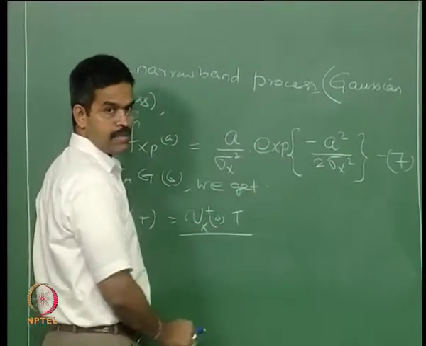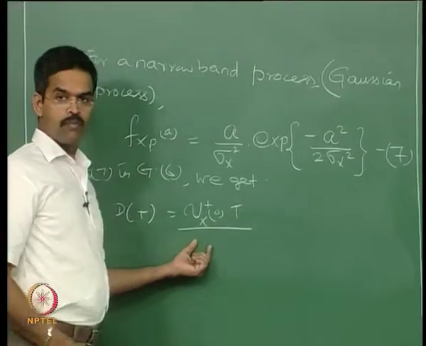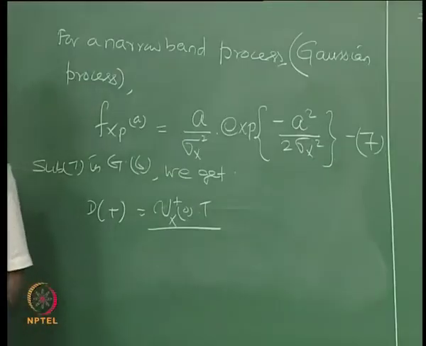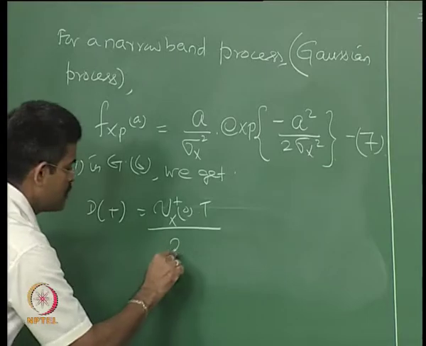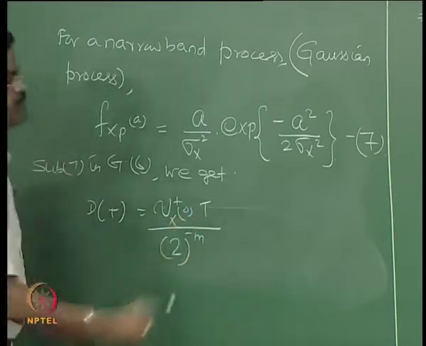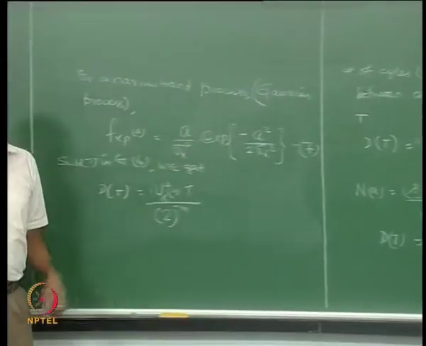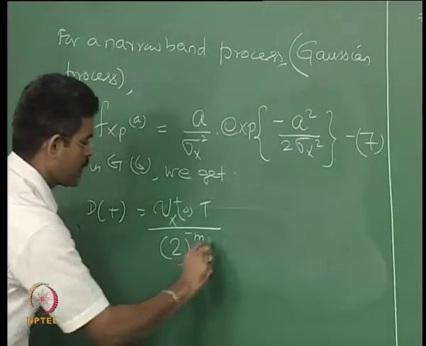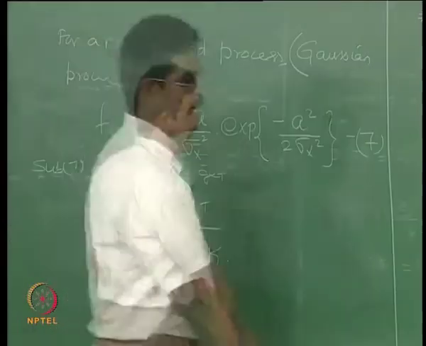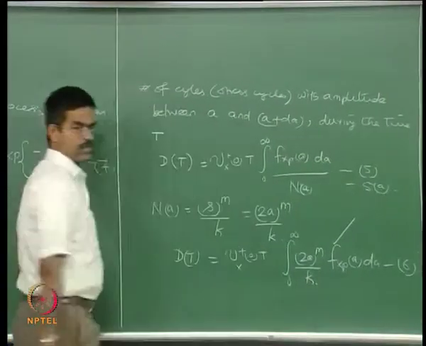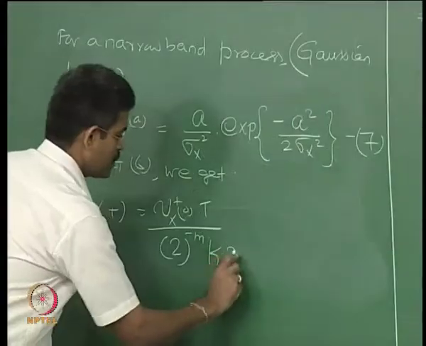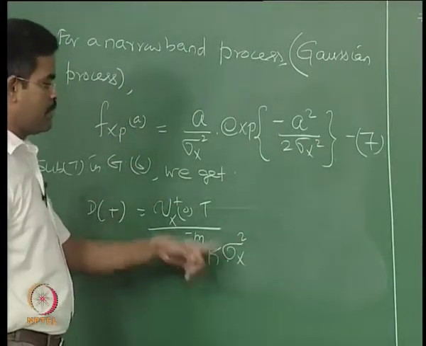I rearrange them slightly and write it in this form, as you see in this expression: 2 to the power of minus m, K, which is a material constant, and sigma_x square.